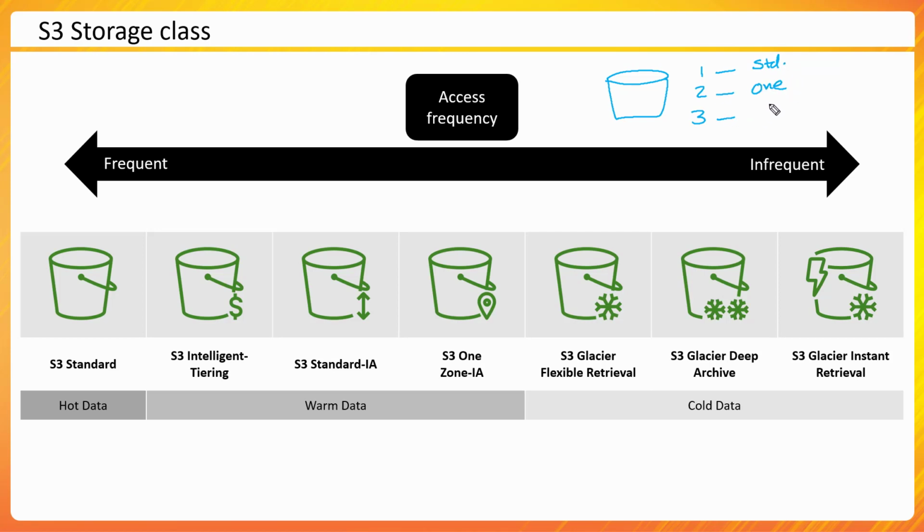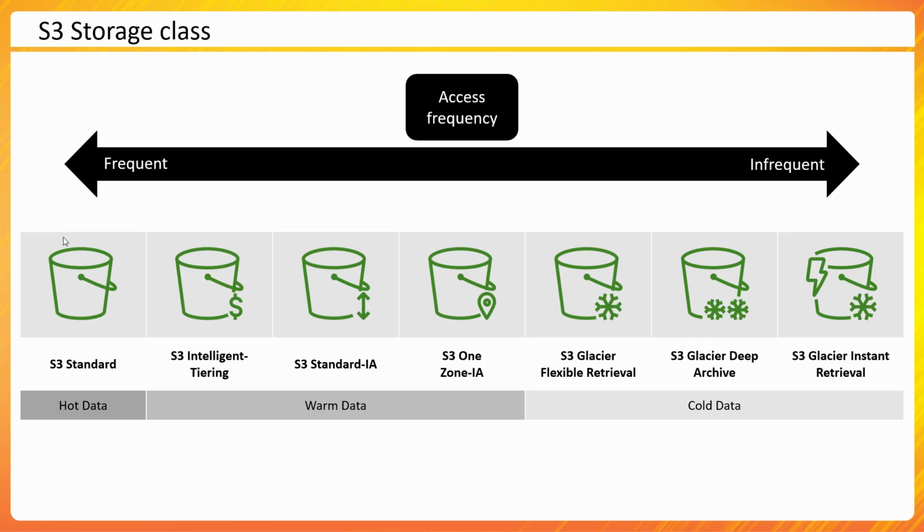Third object, maybe I would keep in Glacier, no problem at all. They can still be part of the same bucket, but their classes can be different. If you do not specify anything, by default, the Standard class is chosen for your object. Like we have uploaded some objects for our website, that is by default going into Standard.